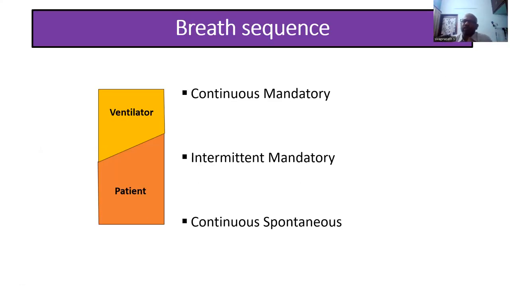So the patient's part is a little bit more. You give him some intermittent mandatory breaths, and in between he is allowed to take spontaneous breaths, either at normal pressure or pressure supported. And once he is fully recovered, he just needs some pressure support. You have continuous spontaneous modes.